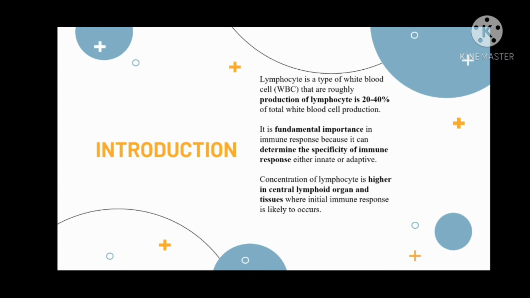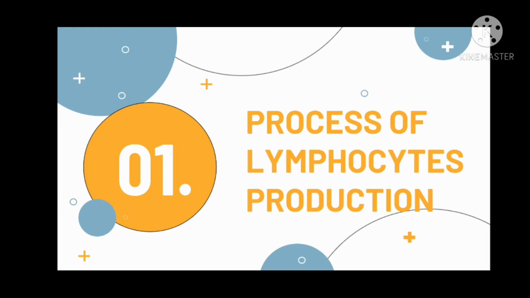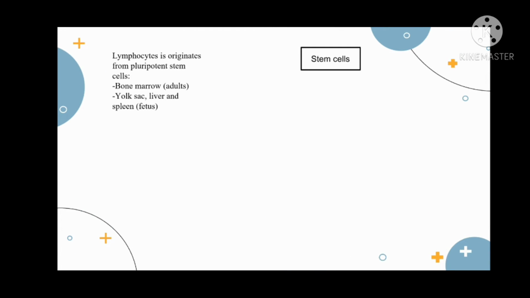Okay, next we go to the first part, the process of lymphocyte production. Lymphocytes originate from pluripotent stem cells, which can differentiate into more types of blood cells, including the red blood cell.